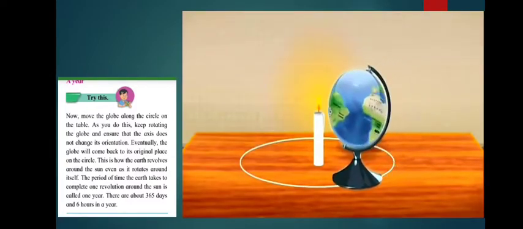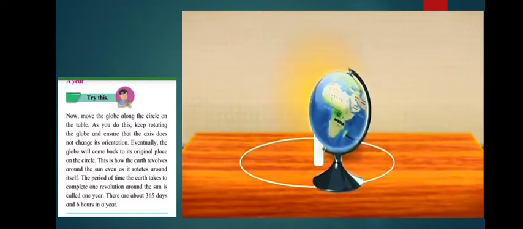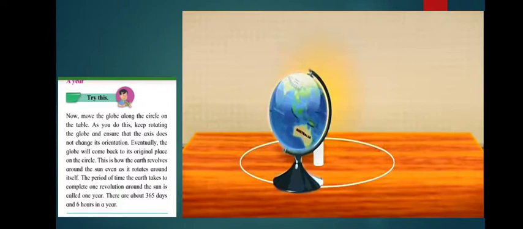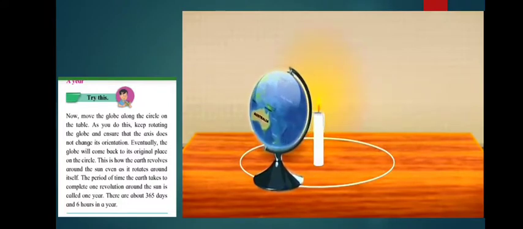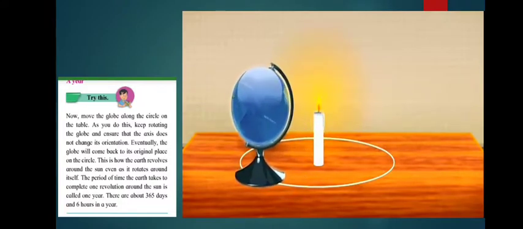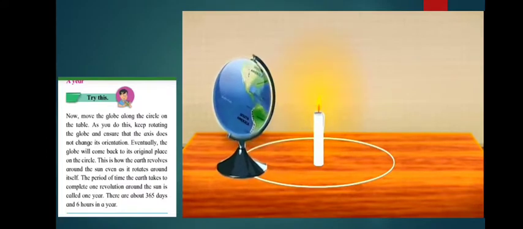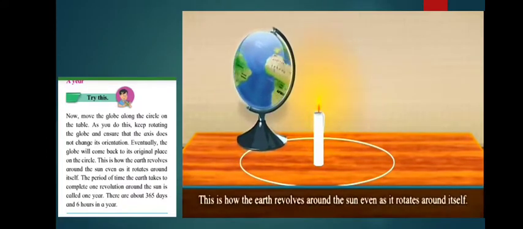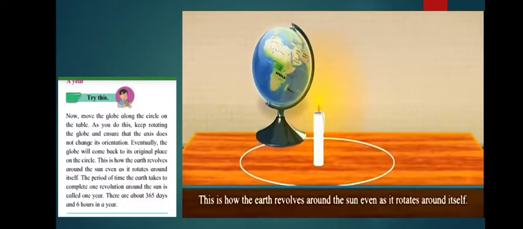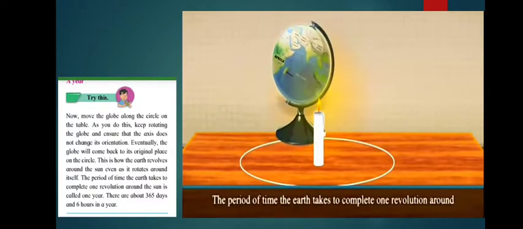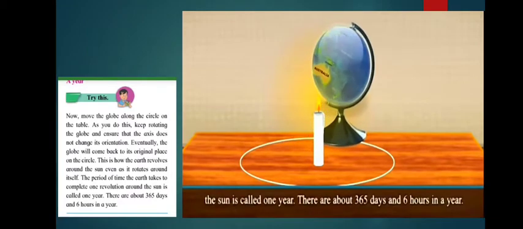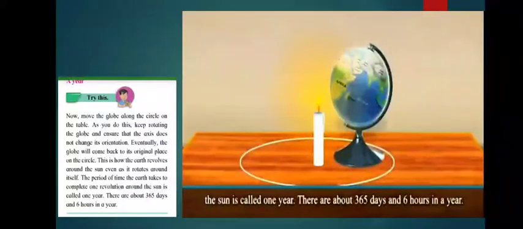Place the globe along the circle on the table. As you do this, keep rotating the globe and ensure that the axis does not change its orientation. See how it is rotating also. And this is how the earth revolves around the sun. Even as it revolves, it rotates also. The period of time the earth takes to complete one revolution around the sun is called 1 year.